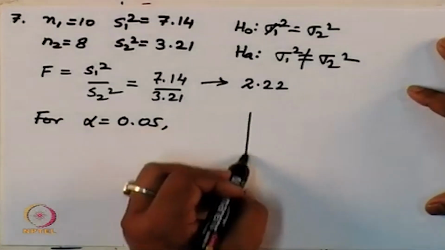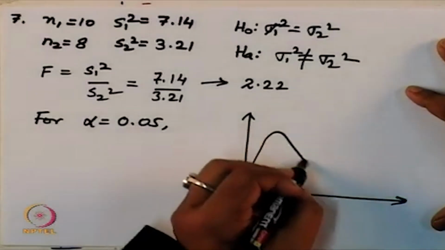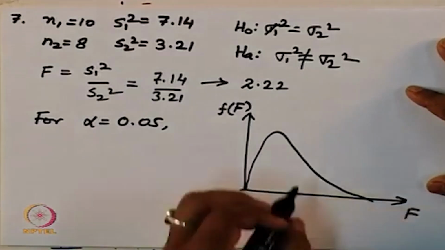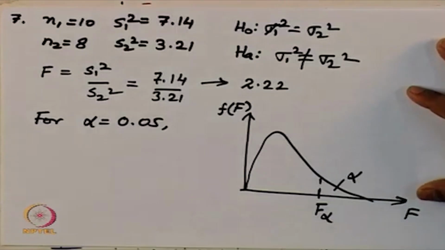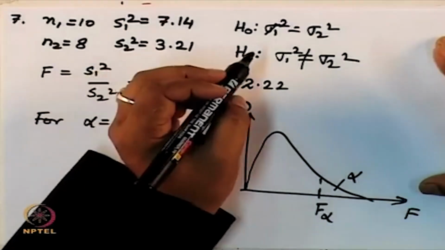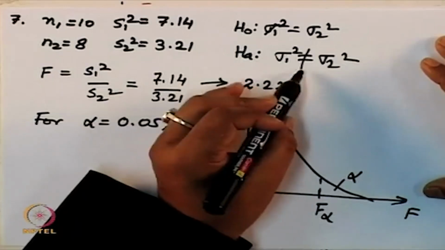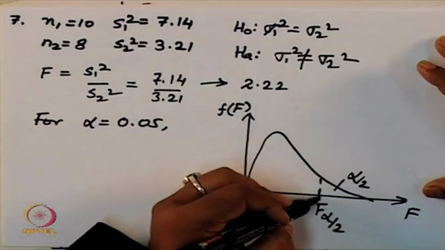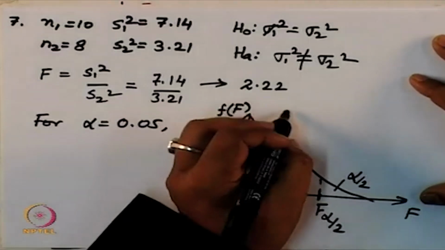Then for this f curve, I find out alpha and the corresponding value of f of alpha. So, I have two values. If my alternate hypothesis is sigma 1 square not equal to sigma 2 square, I want to find out the value of f of alpha by 2 corresponding to alpha by 2. So, this is for a two tail test.